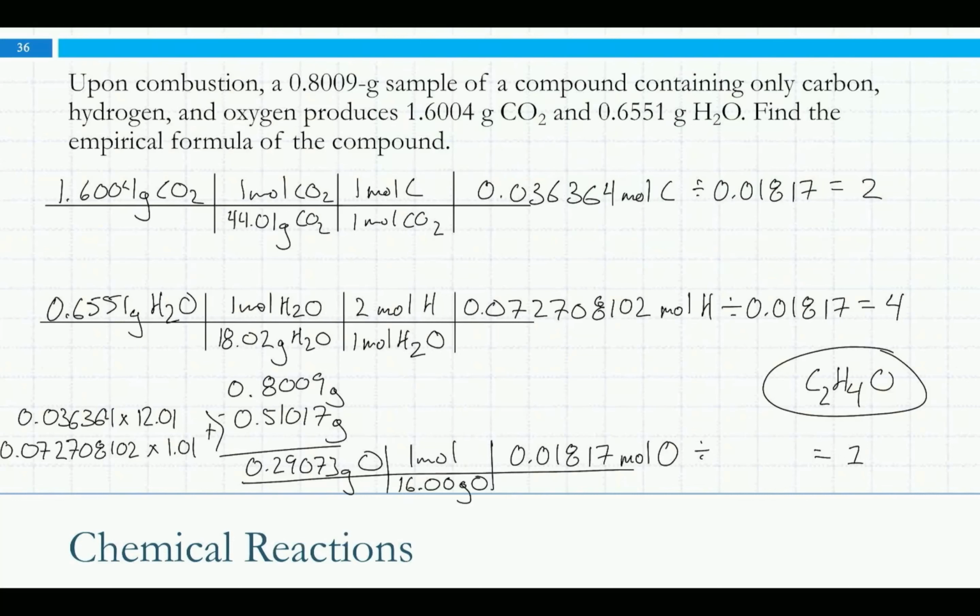Cool. Any questions? It's a lot of math. Not hard math, it's just a lot of steps. Just try and remember why you're doing each step. Ultimately, we need to get to moles of the things that came from our compound. And when oxygen's involved, you have to find the mass of oxygen as the difference, right? Because we can account for most of the mass, but not all of it.